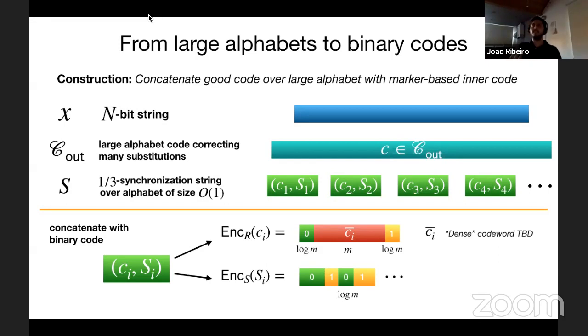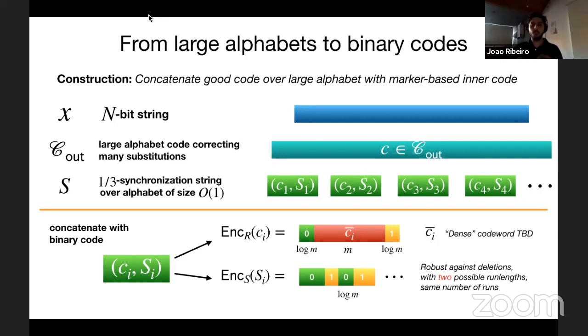They're over a constant size alphabet, so you can be wasteful and protect it with a code that's very robust against deletion. So essentially you replace the synchronization symbol by long, alternating runs of zeros and ones. Intuitively, you encode the synchronization symbol into the run length of this string.